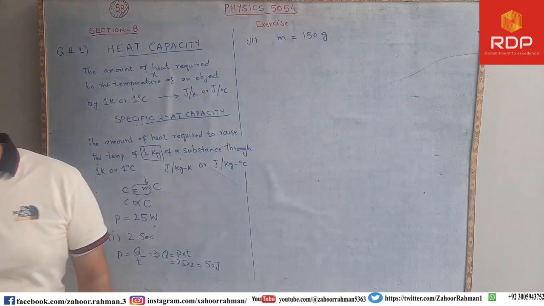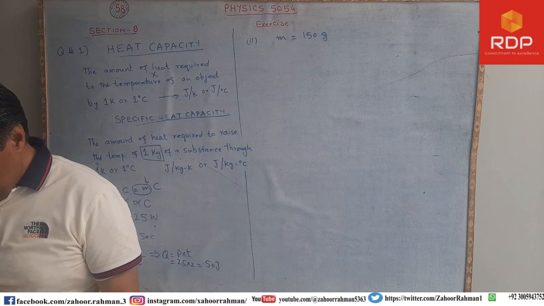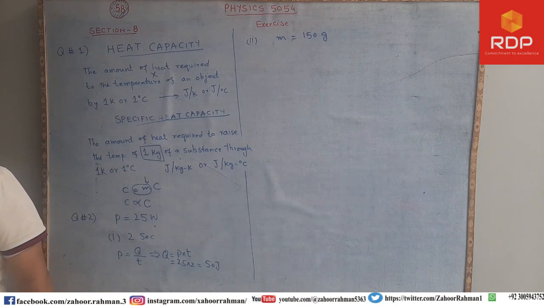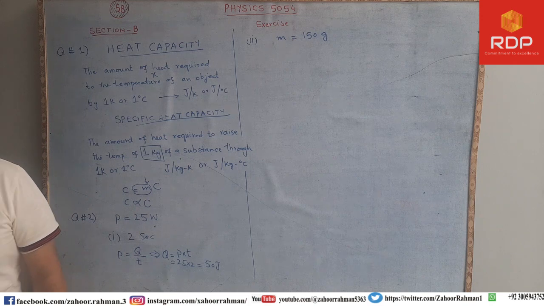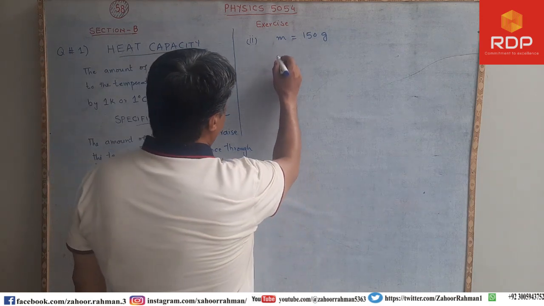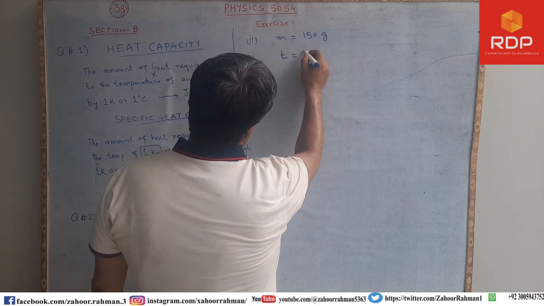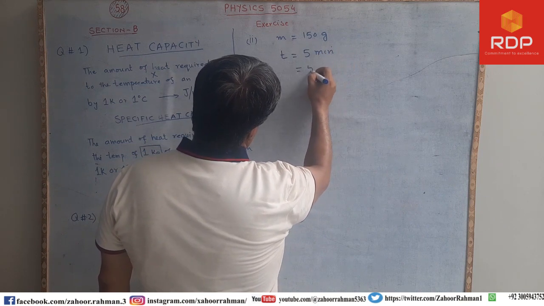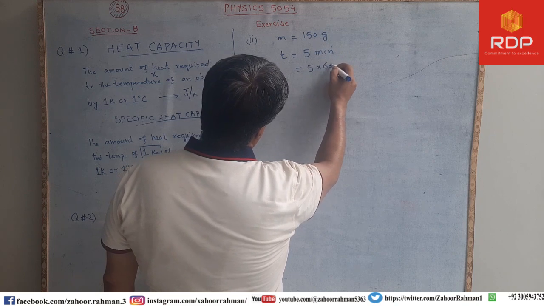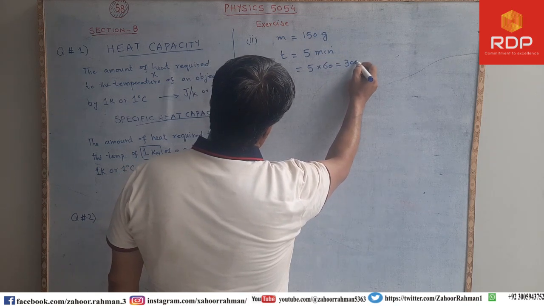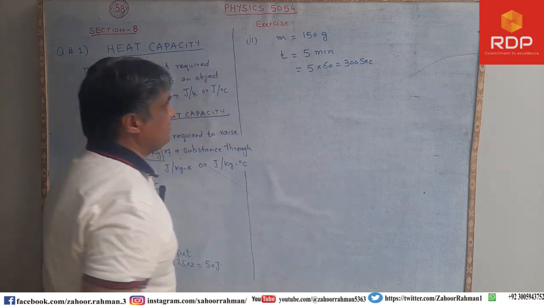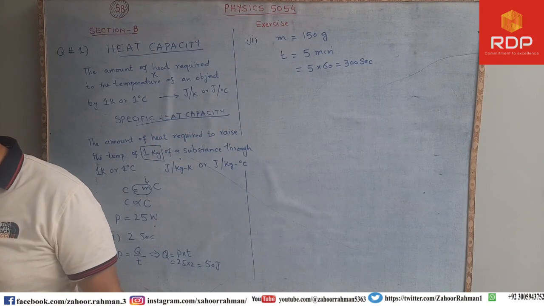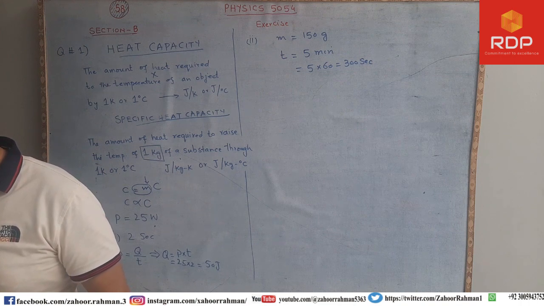We are taking data for the second part, of water. If the electric kettle is switched on for 5 minutes, T is equal to 5 minutes, which means 5 multiplied by 60, which is equal to 300 seconds. Minutes we have to convert to the standard unit, which is second.